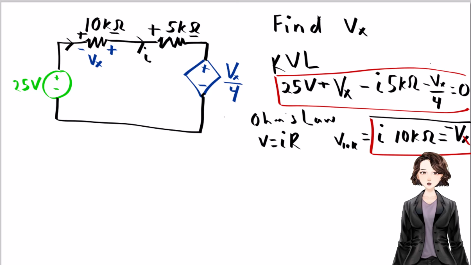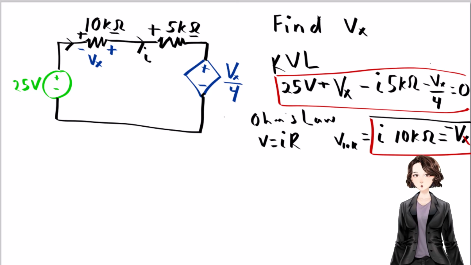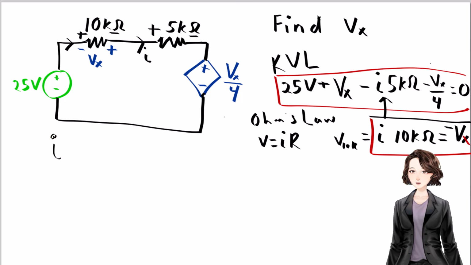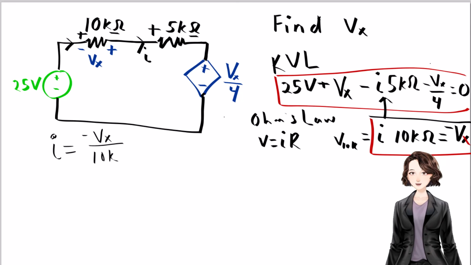So I would rewrite this bottom equation in terms of I and then put that into here. So we're going to put that I into here. I equals a negative Vx over 10k. And I'm going to drop the units here. And then we're going to write KVL and we're going to plug in the value for I here.